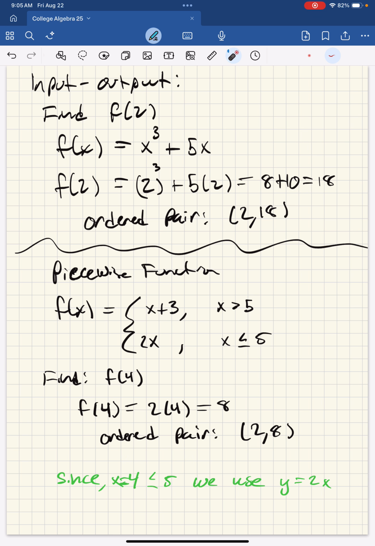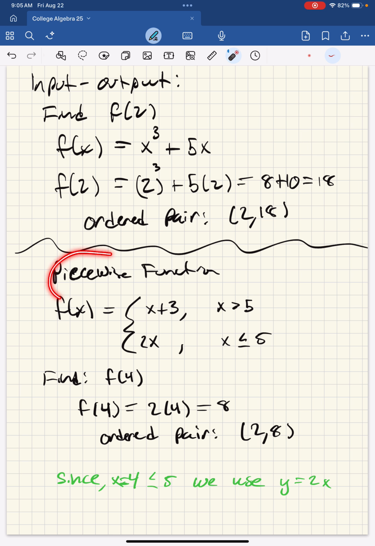So we have x cubed plus 5x. So that'll be 2 cubed plus 5 times 2, which is 18. And then what we need to know is that is an ordered pair. So x equals 2, y equals 18.